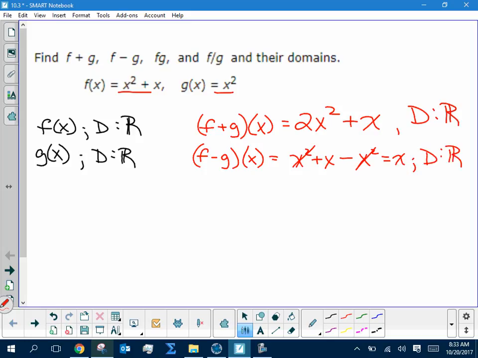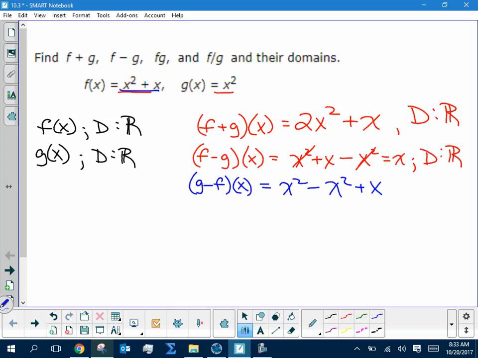But if I were to flip it, and like I said, they don't ask this, and go g minus f of x, now g is x squared minus now f. Well, f is a quantity, right? So I need to subtract the entire thing. I see some people doing just x squared plus x. Well, that's only subtracting x squared, right? You need to subtract both those things. I think about what's happening here as finding rules for y values.